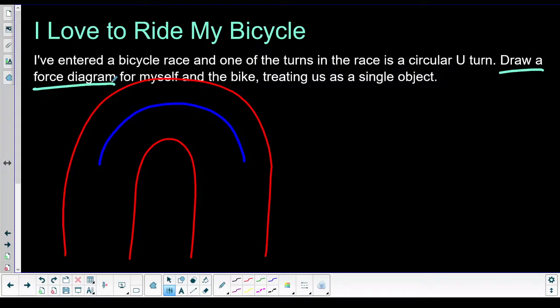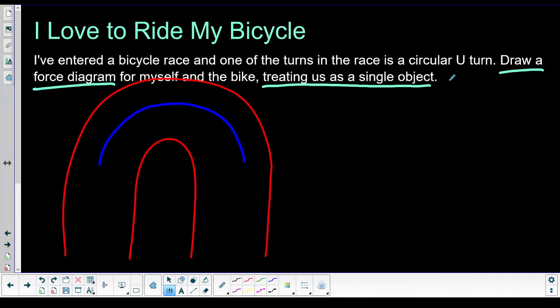So for simplicity of the problem, we're going to treat me and the bicycle as a single solid object, because really when a person's in the heat of the moment in the race and they're putting the pedal to the metal, so to speak, you've got to be one with the machine, you know.